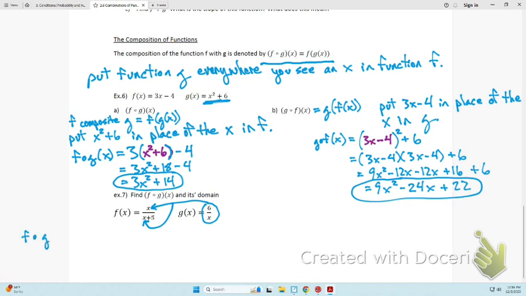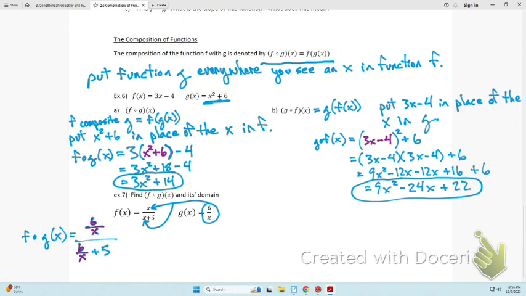F composite g is 6 over x over 6 over x plus 5. Those two fractions right here and right here are what I plugged in.